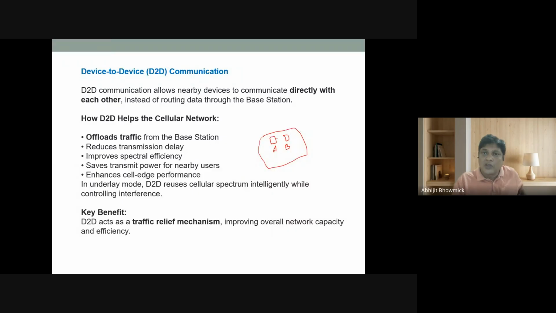If A wants to send some information to B, according to the cellular technology, it has to go first to the base station, then it moves back to B. But D2D communication says no need of base station since they are nearby and they can see each other, they can send directly.